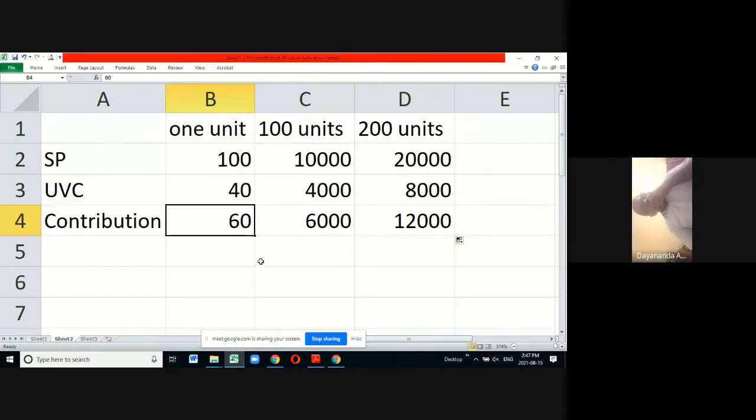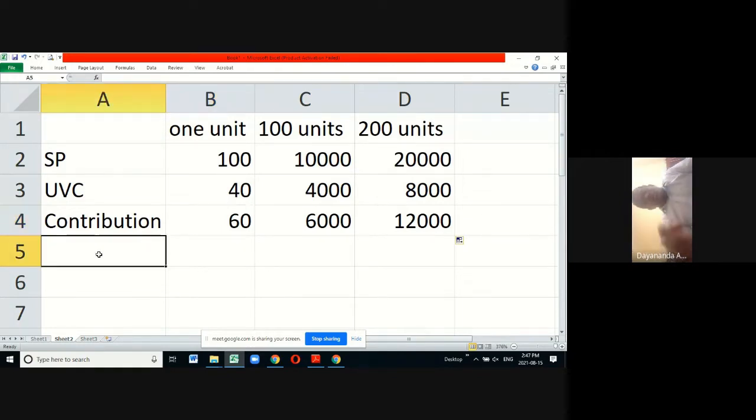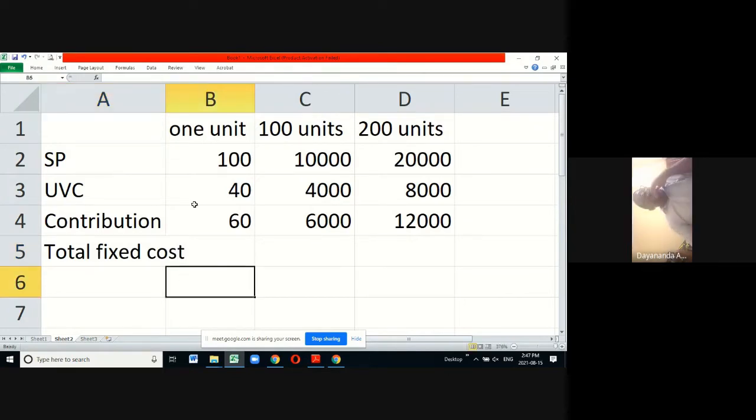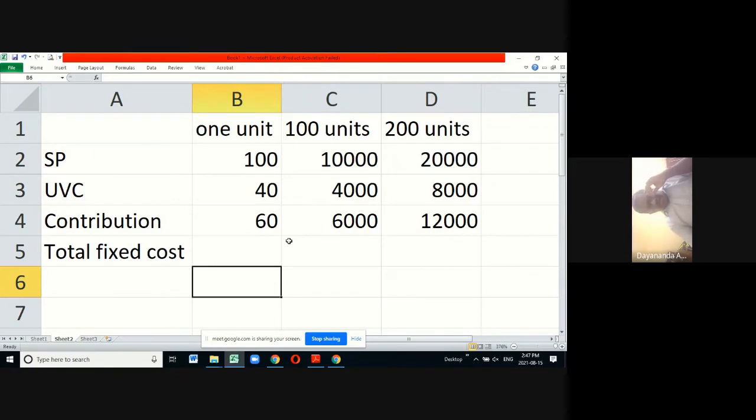And also there is another concept called fixed cost. We call it total fixed cost. Suppose you are selling whatever the item, and you have rented a particular building. The rent cost, the total fixed cost for the month, is 60,000.